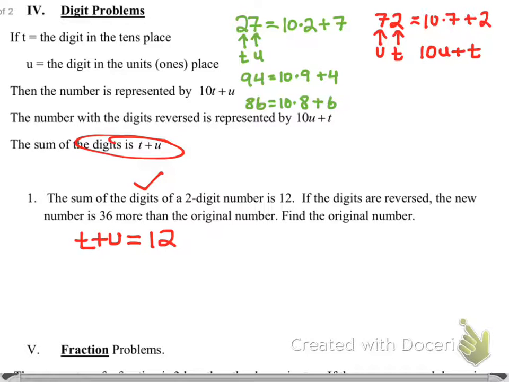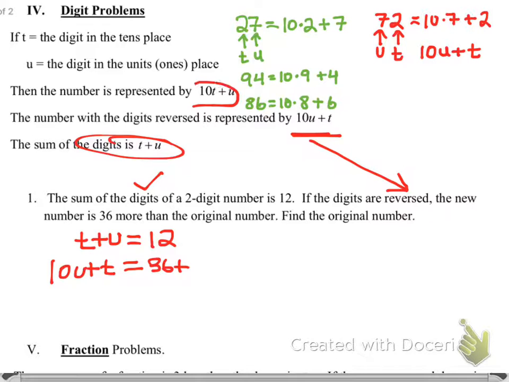The second equation says if the digits are reversed, so reversed, I'm using 10u plus t, then the new number, this reversed number, is 36 more than the original number, which is 10t plus u.